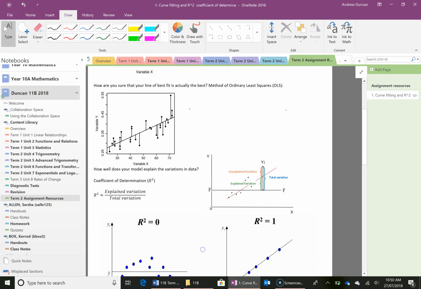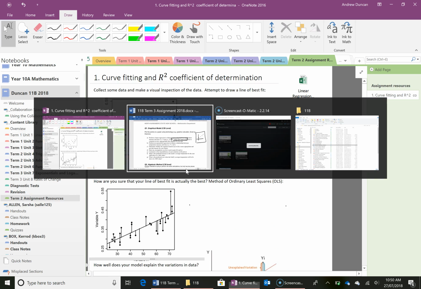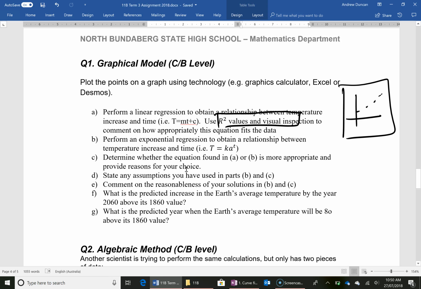There's a Term 2 assignment resources tab in the OneNote you can go through just in case you're unsure about R-squared values. Maybe do a bit of research. I'm sure there's heaps of YouTube videos around about that topic. So always define your variables as well.